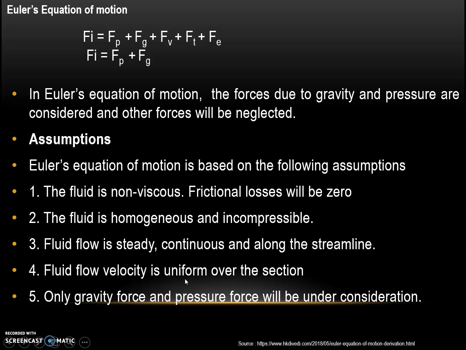Fluid flow velocity is uniform over the section, and only gravity force and pressure force are taken into consideration. Hence Fi is equal to Fp plus Fg. These are some of the assumptions made in Euler's equation of motion.